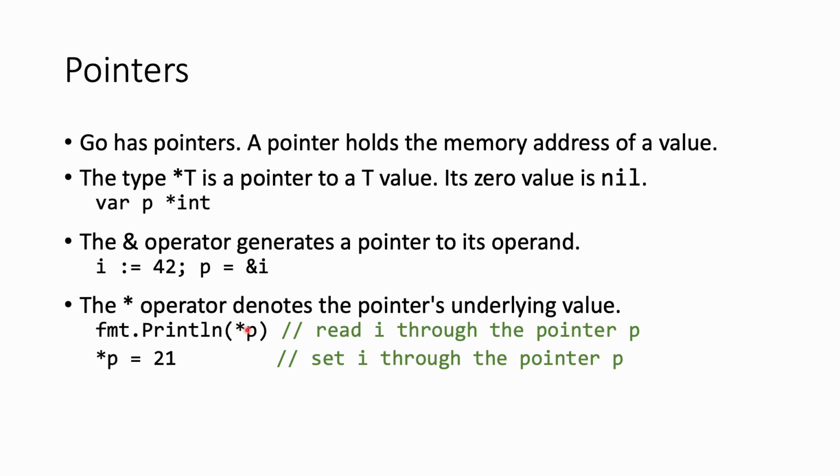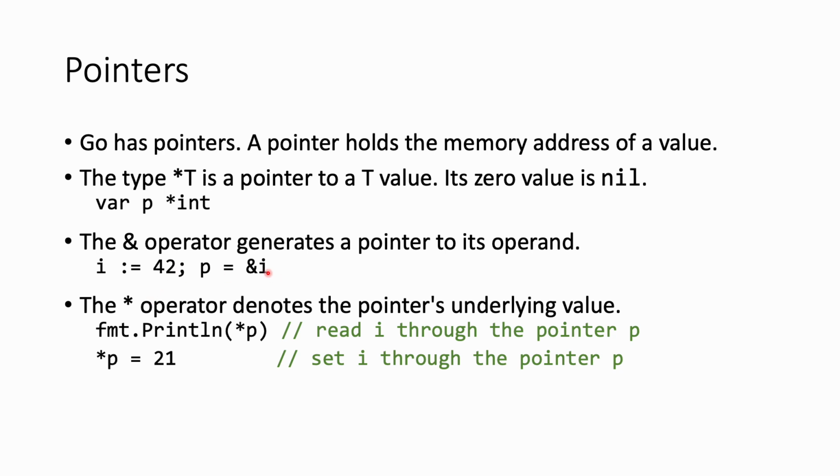Then *p is the value being pointed to by the pointer p. In fact, *p is an unnamed variable whose memory address is held by pointer p. So *p is like any variable of type int, and you can read the value from that variable or change the value of that variable.